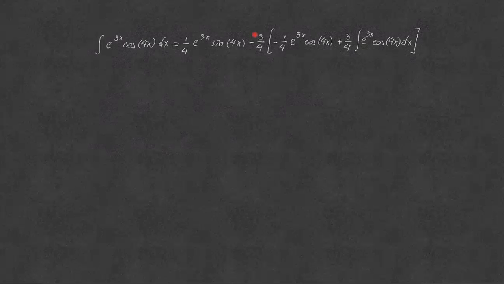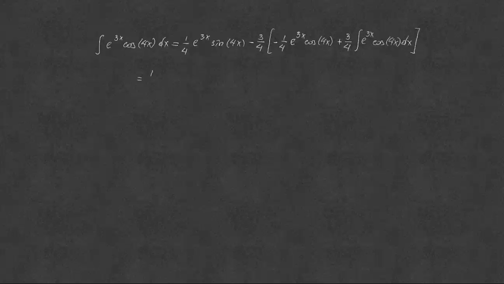Now we need to multiply these 3/4 by each of these terms to get rid of these brackets. So this is going to be equal to, we're going to copy the first term as it is.